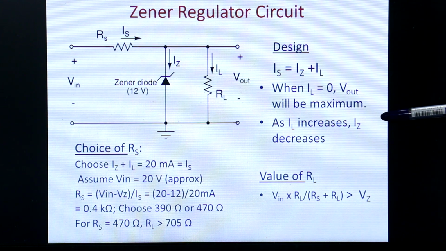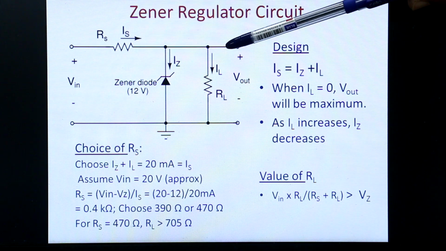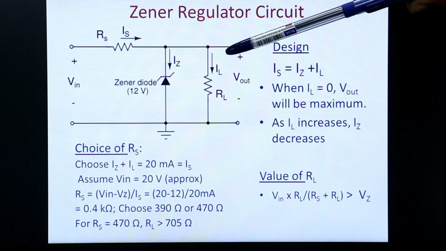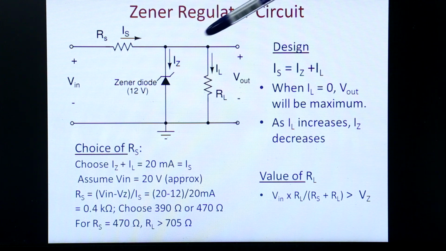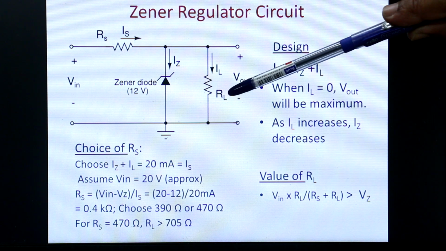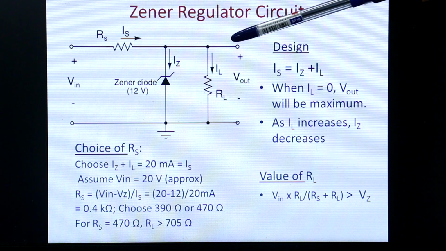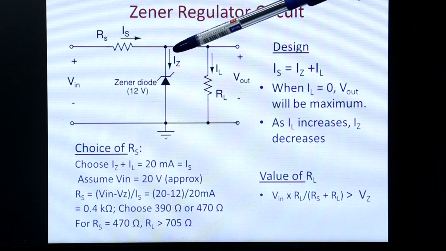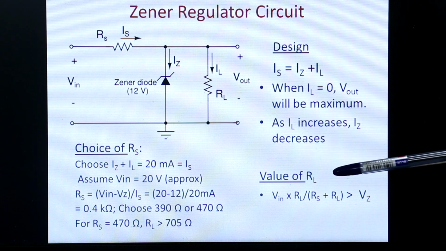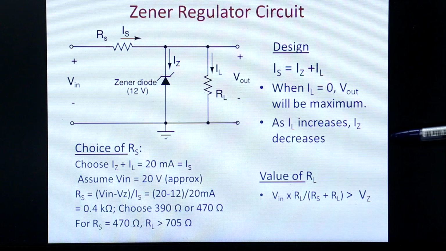Now we also see that as we put a finite value of RL, you have an IL. As IL keeps increasing, the current through the Zener will decrease. Now what is the limit? As you keep increasing IL, or equivalently keep decreasing RL, a point will come when IZ will be 0. Therefore, when you design RL in the case of a Zener regulator circuit, there is a minimum value of RL below which you should not go.